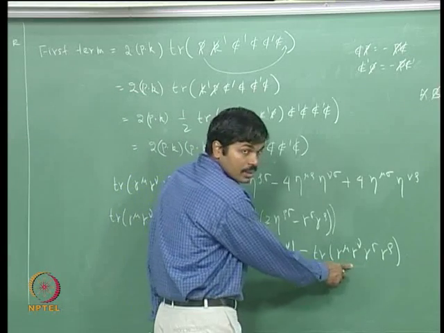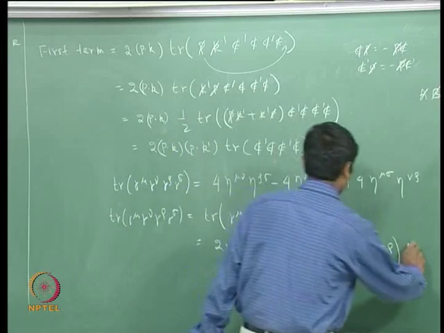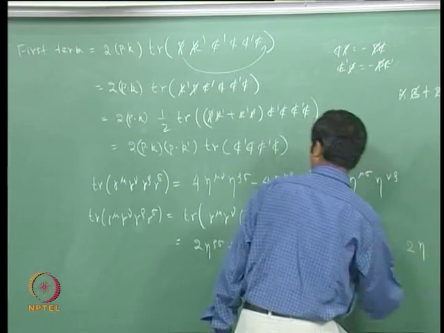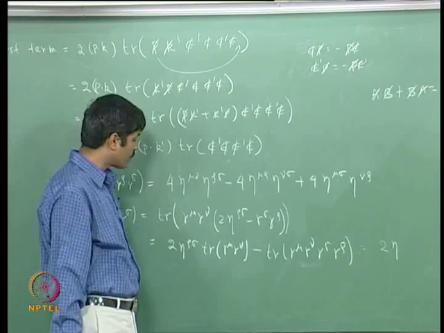Again, I will pull this gamma sigma here, then I will get this to be twice eta. By the way, trace of gamma mu gamma nu is 4 times eta mu nu.